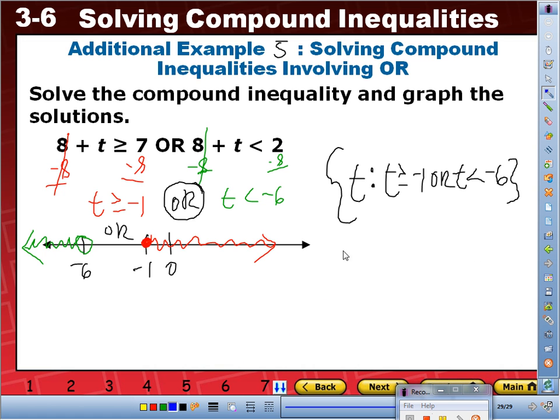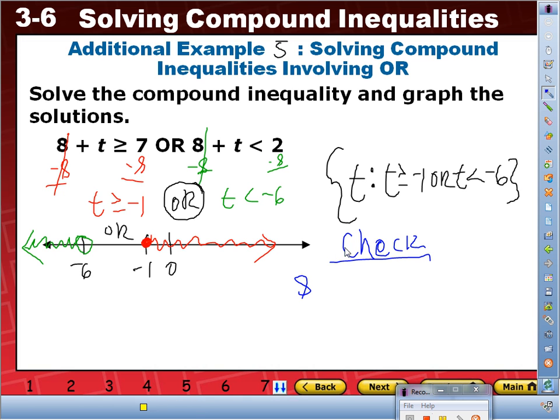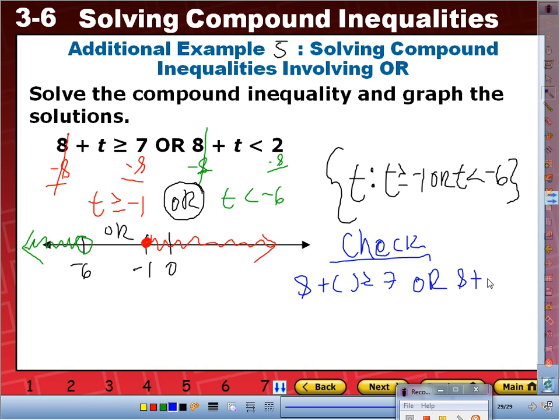Okay, let me check this so you can understand what the or means. Check. I'm going to write the original one, 8 plus parentheses greater than or equal to 7, or 8 plus parentheses less than 2. What number do you want me to use to check this inequality? Look at it. What would be an easy number from here? 0.